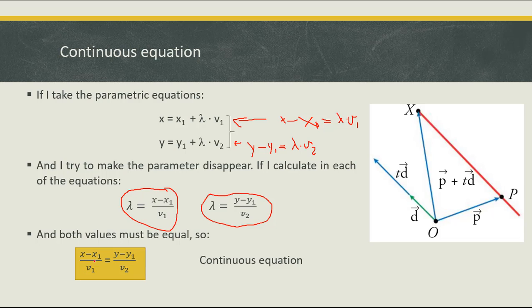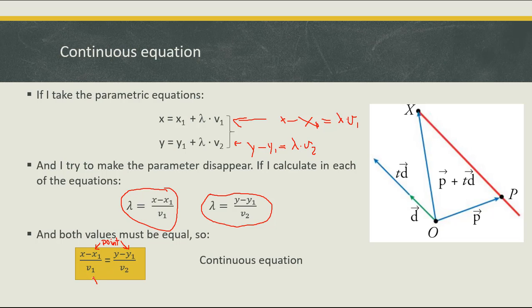In this equation, again, I have very clear the structure: x minus the x coordinate of the point in the numerator. On the other side, I have y minus y1, okay?